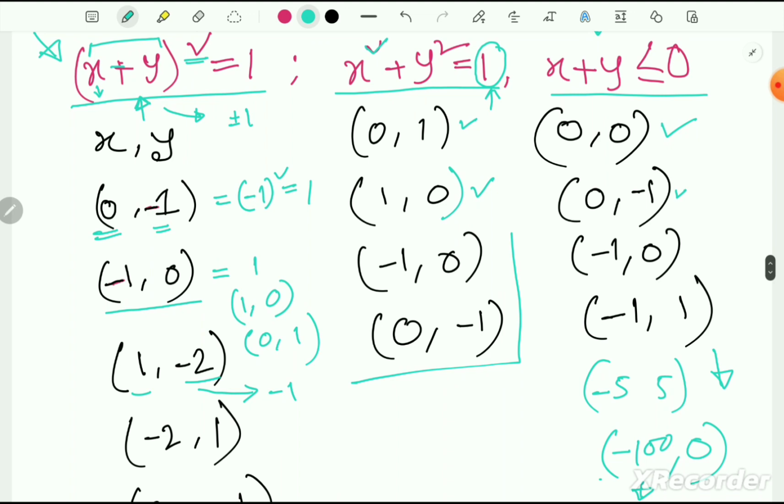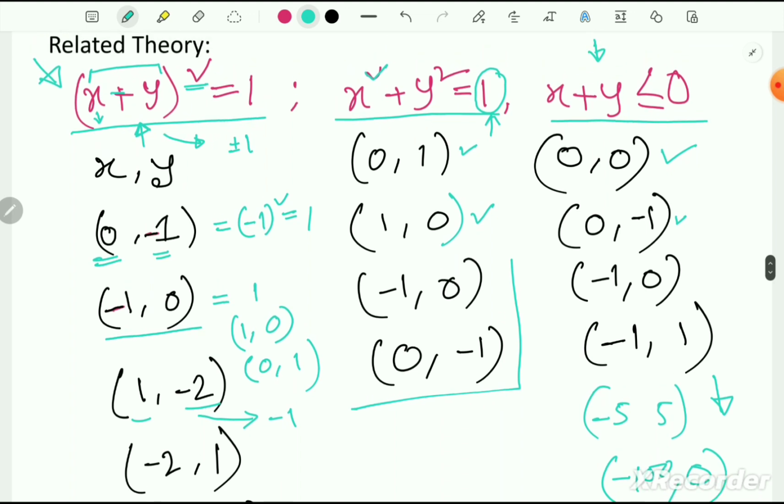Therefore we have to find the common points, because we have to find a point or a group of points by which all three equalities or inequalities are satisfied. We have only 4 points for equation 2.